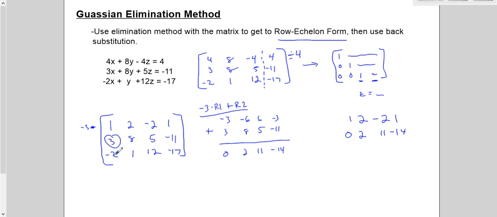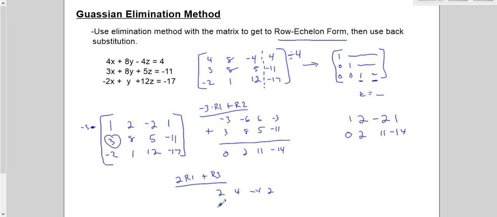The next thing I want to do is get a 0 down here at that -2. So the opposite of -2 is +2. So I'm going to take +2 times row 1 to add to row 3, and that will give me 0 down on that bottom left. So 2 times row 1 is 2, 4, -4, and 2.